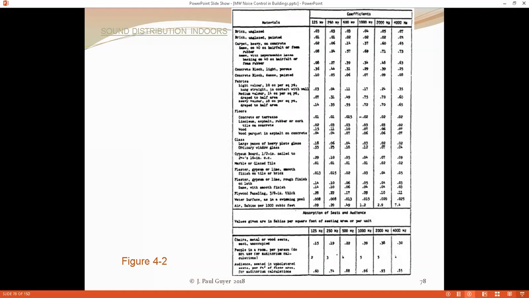And so you see, as an example, unglazed brick has a transmission loss coefficient at 125 hertz of 0.03, and at 4,000 hertz 0.07. So unglazed brick is a little better at the higher frequencies, reducing the higher frequencies.